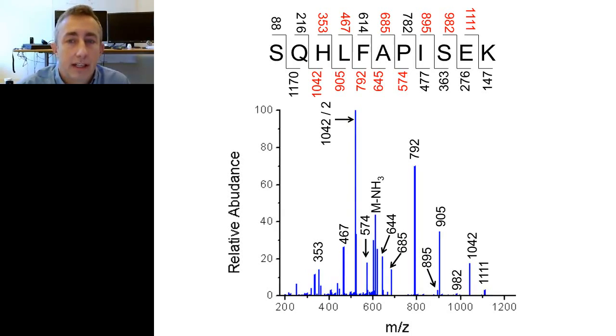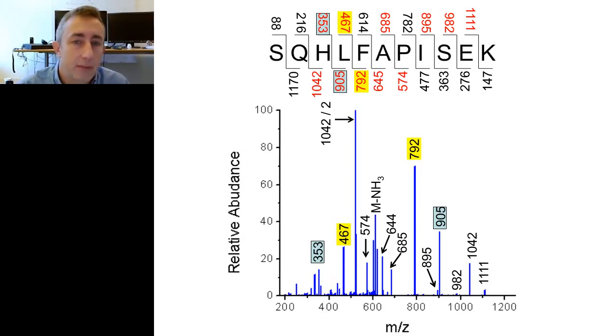The difference between two adjacent amino acids is the mass of that amino acid side chain. For instance, at the bond break between leucine and phenylalanine, we get two different sets of ions: one is this 467, which contains the N terminus, and the other is this 792, which contains the carboxy terminus, and so on.